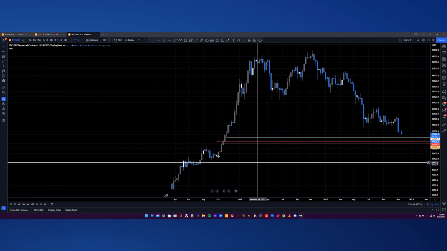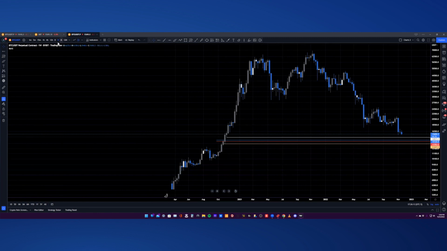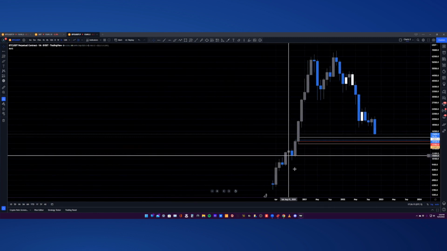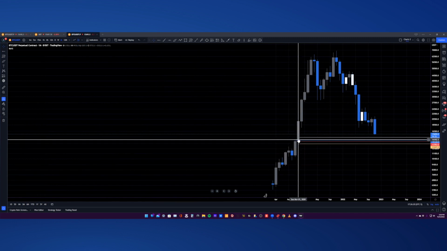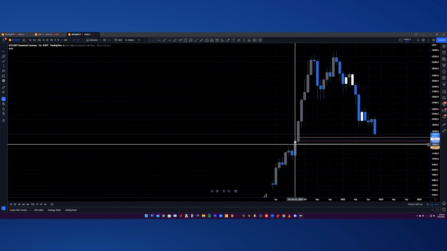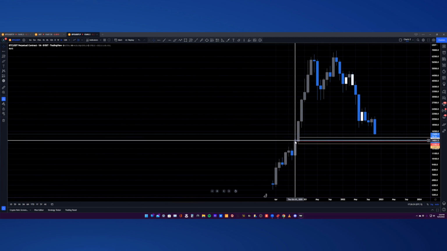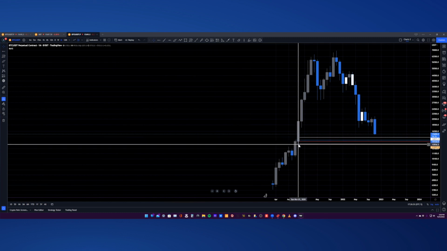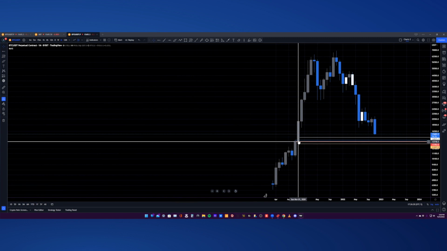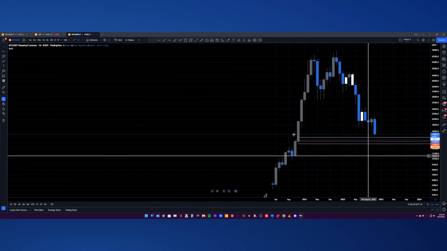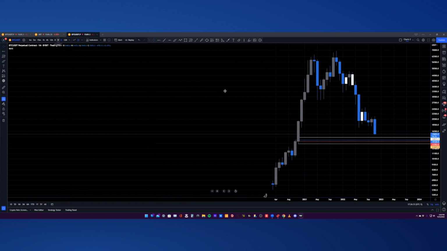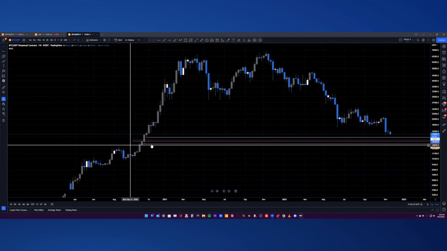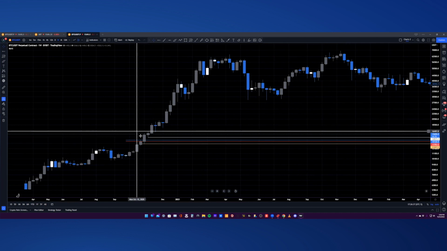All right. So if we go back to just look at the monthly, and I was saying this was the sell to buy range right here. It comes up, it's sold off, that creates that, and then it comes down, and then it's bought, and then it moons up. So this is the important area. And the white level is when we went in there a little bit further and we saw this.